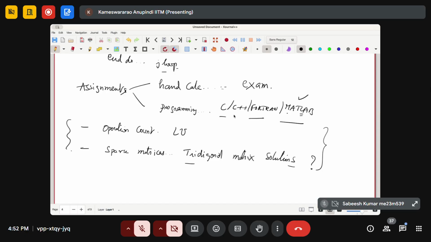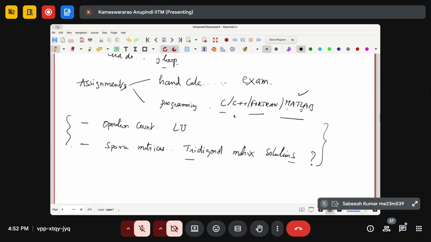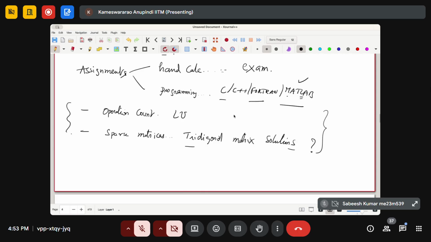But because you have MATLAB handy, you can always compare your solution to what MATLAB is giving, to check for inaccuracies or incorrectness in your code. Maybe I'll show the MATLAB codes tomorrow if possible, and then give you the code so that whenever you install, you can start running them and practicing.